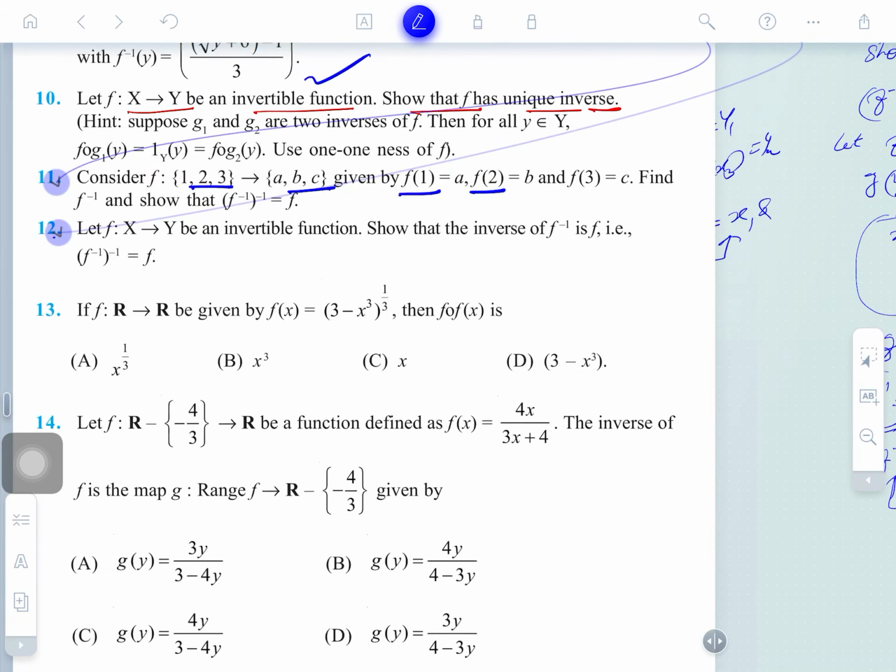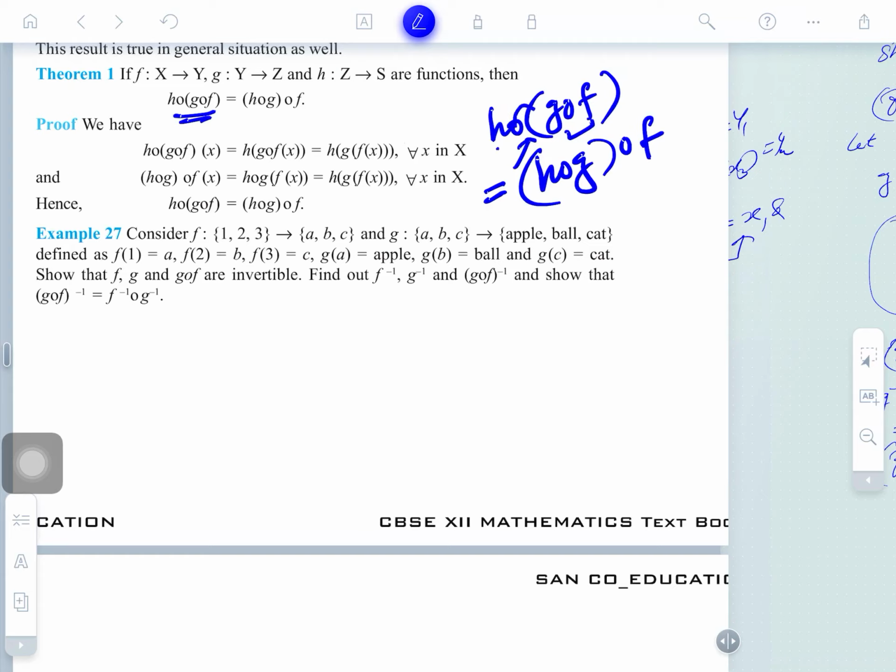So what the question is saying here, h of g of f, we have to prove that h o g of f. It means first the parenthesis is with these two functions, means we can say here h of gof is equal to hog of f. You have to prove. Simply we can see this is being distributed here.